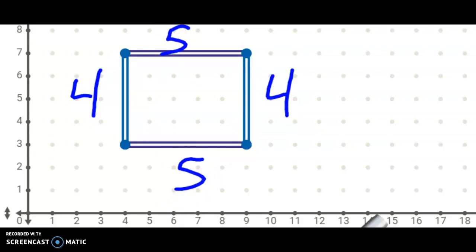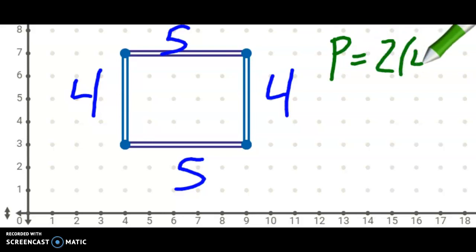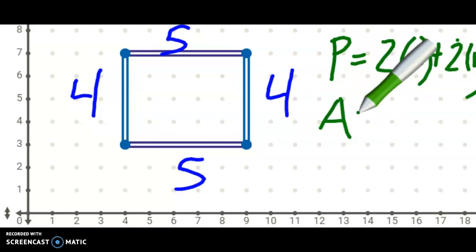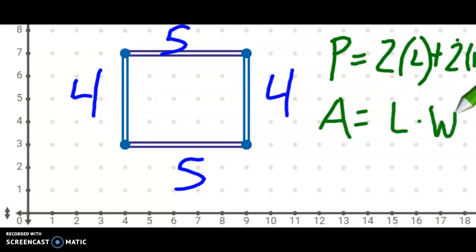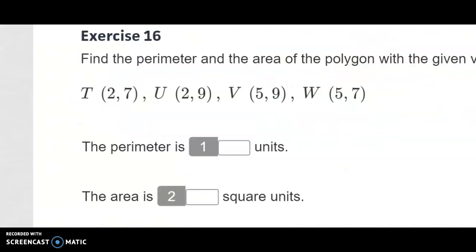And remember, our perimeter equals 2L plus 2W. Our area is going to equal length times width. Okay, so you fill in the gaps and it should be pretty easy math.